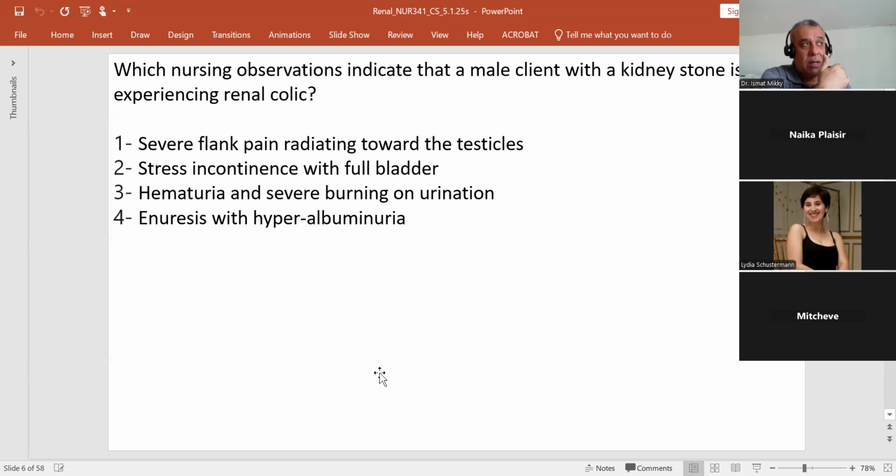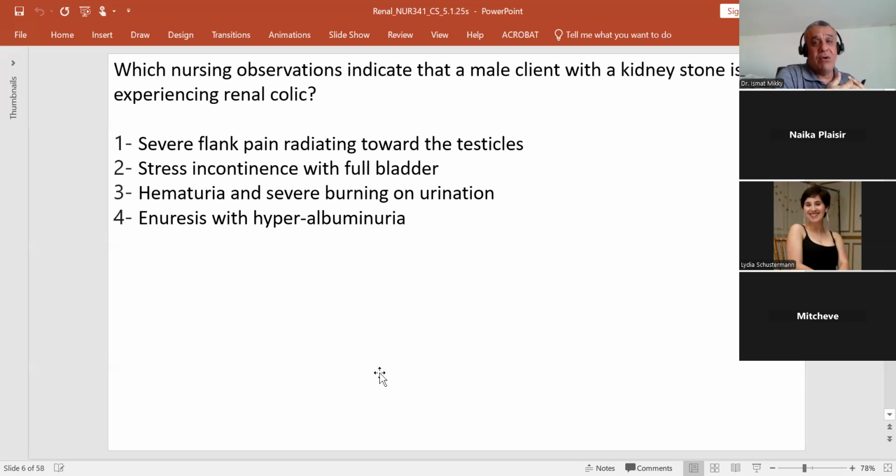When anyone develops kidney stones, this type of renal colic is severe flank pain, and most of the time it's combined with nausea and vomiting, pallor, and diaphoresis. That flank pain is excruciating, so severe that patients cannot tolerate it.